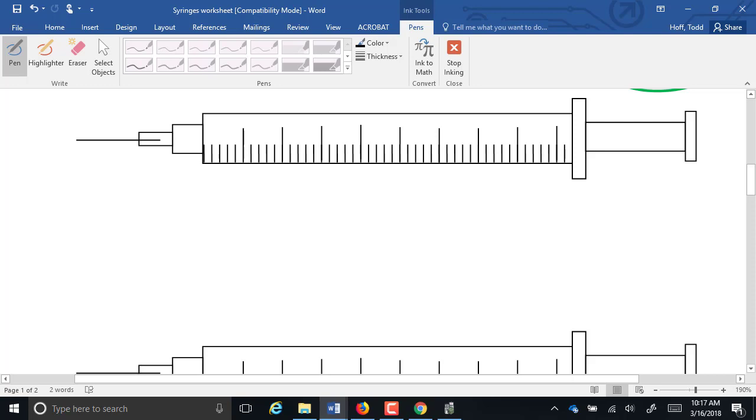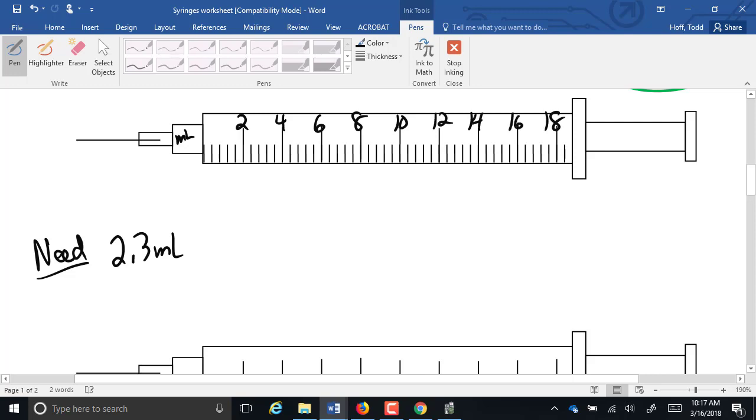If I have 2 different syringes, let's say I need a dosage of 2.3 milliliters. We'll use a little bit of an extreme example here to prove a point.